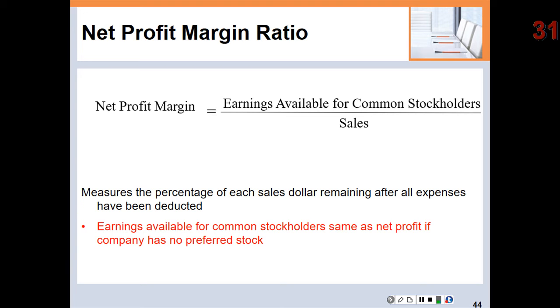Now, this company, we said, does have shares of preferred stock, so earnings available to common stockholders are going to be different than net profit. If it doesn't have preferred stock, then it's simply going to be net profit divided by sales. We're going to jump down to earnings available to common stockholders.